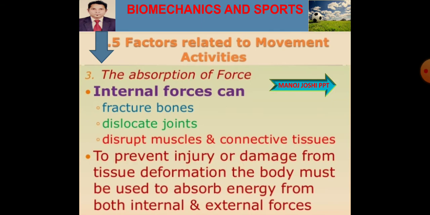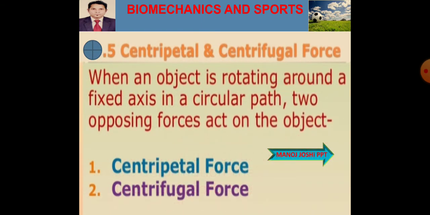Centripetal and centrifugal force we will discuss now. Two types of forces, centripetal and centrifugal force. When an object is rotating around a fixed axis in a circular path, two opposing forces act on the object, centripetal force and centrifugal force.